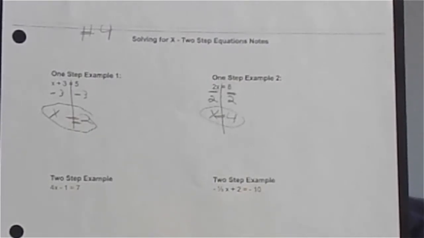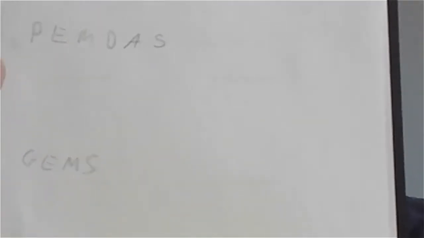First, I'm going to jump in and remind us about the order of operations. This is just a side note. The order of operations is sometimes taught as PEMDAS, and sometimes it's taught as GEMS. In PEMDAS, P means parentheses, but parentheses actually means any sort of grouping.